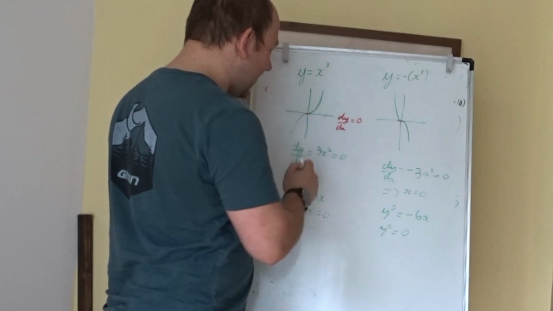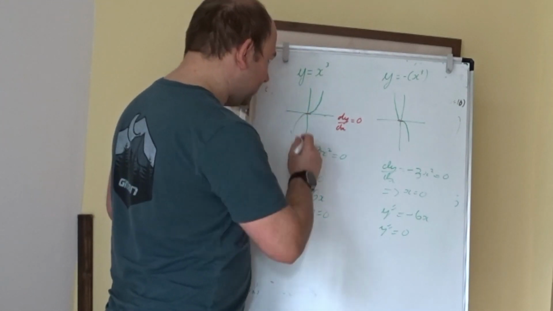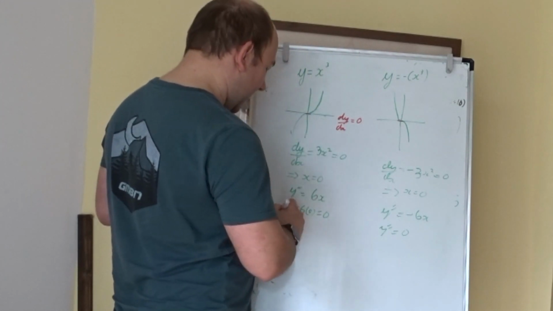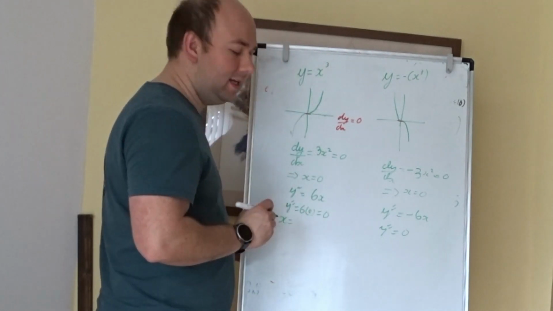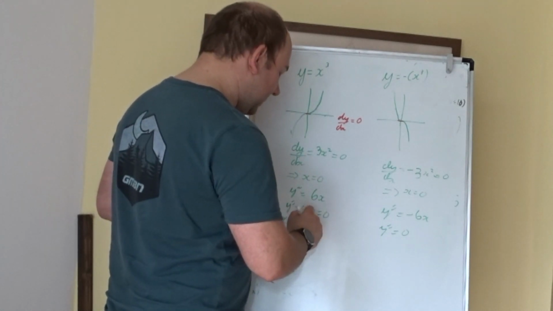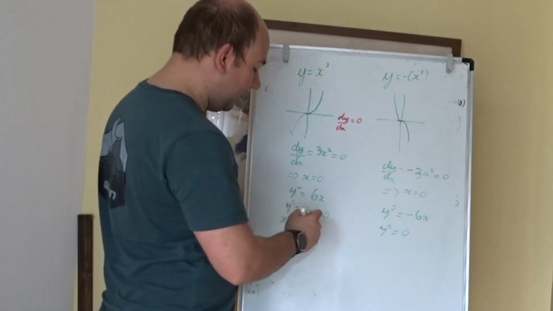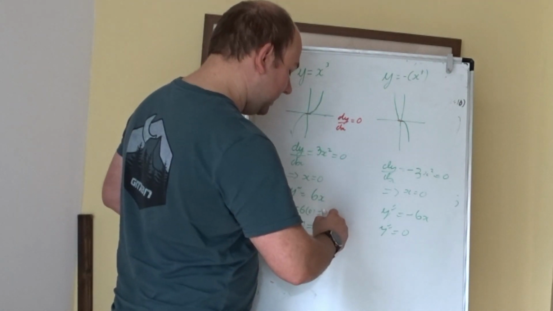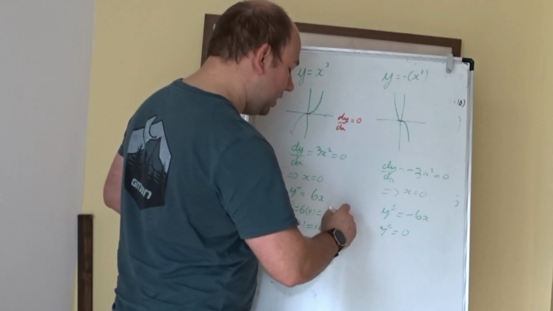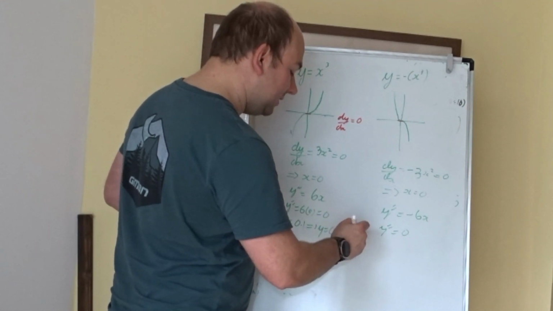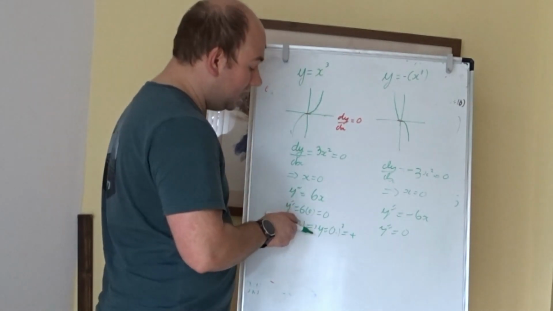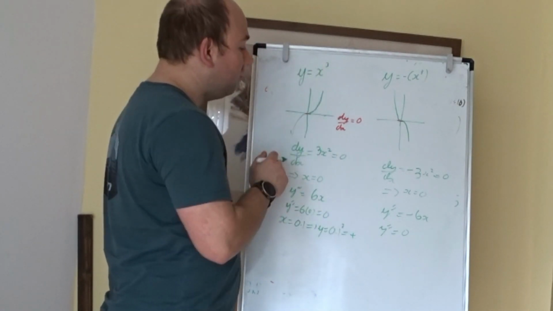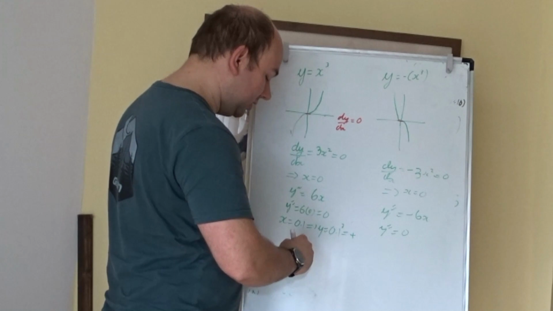So if I put into this formula x is equal to 0.1, so y is equal to 0.1 cubed, what I end up with is a positive value. Therefore I know that my graph is increasing, so I know it's going to be doing this shape.